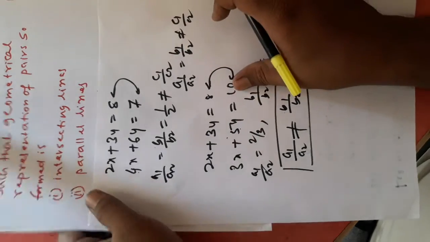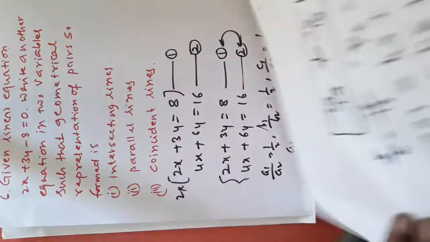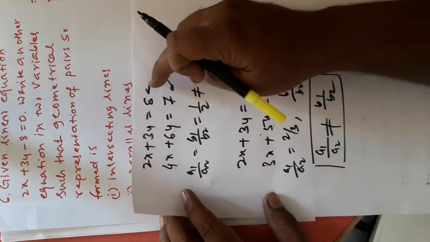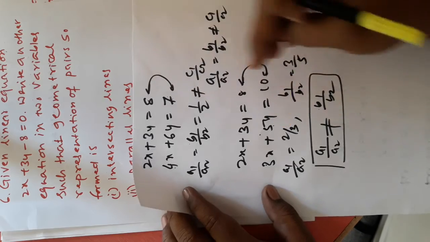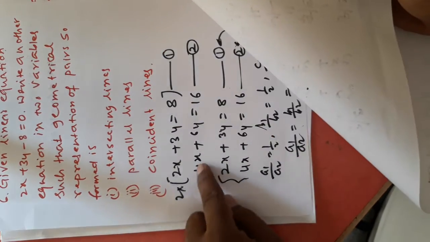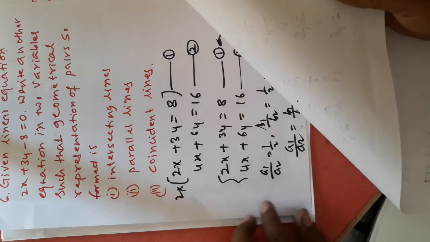That means you can write like, these are parallel. This line is intersecting with this. This line is coincident.